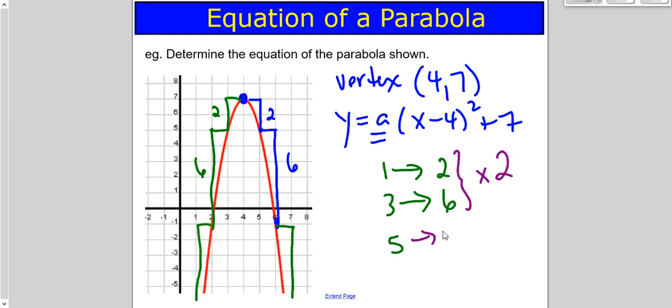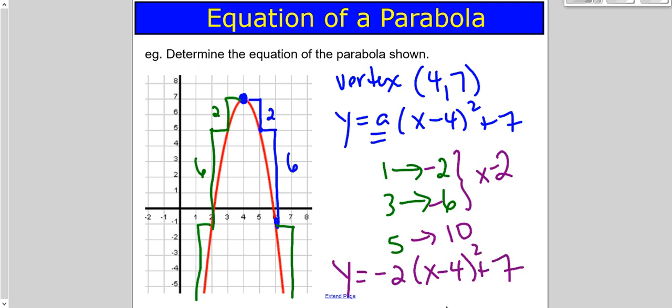So that means this would have been a 10: 2, 6, 10. So we can see from our graph that we had multiplied those step pattern numbers by 2. And of course, because it's going down, it must be negative, so negative 2. So then my equation must be y equals negative 2 bracket x minus 4 squared plus 7.